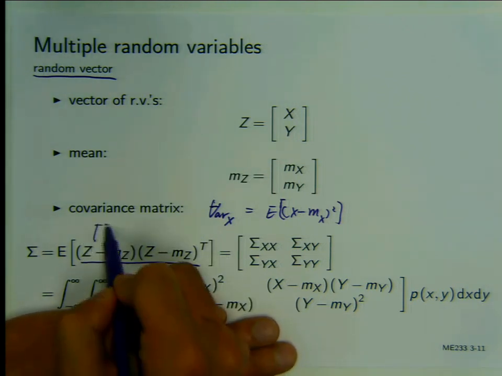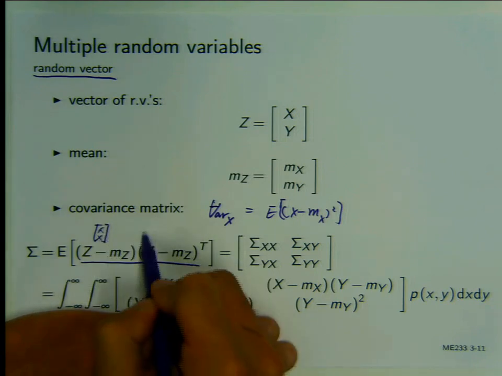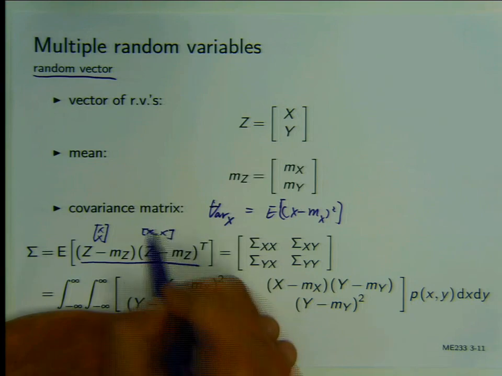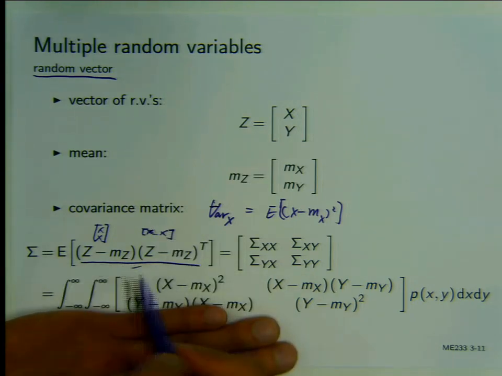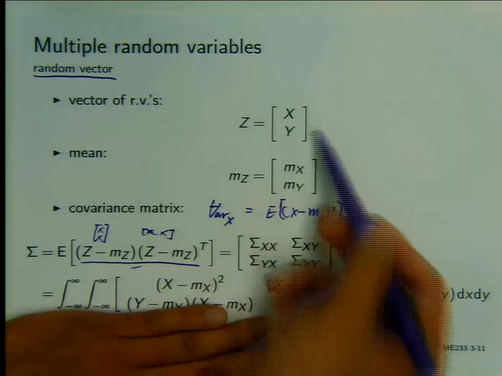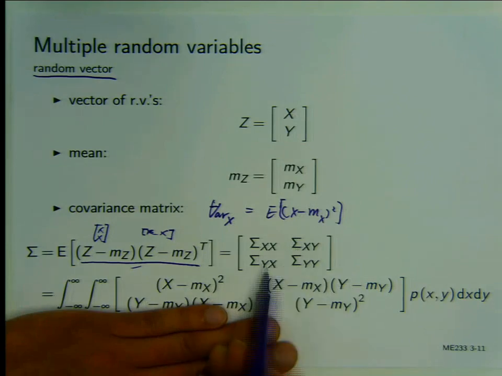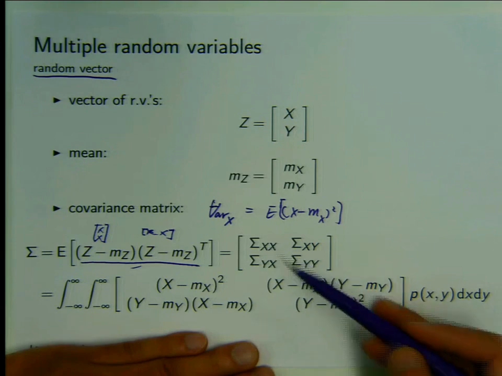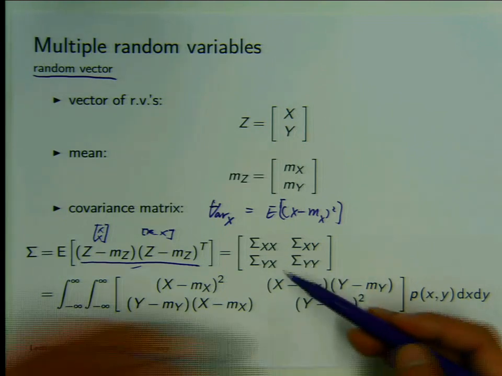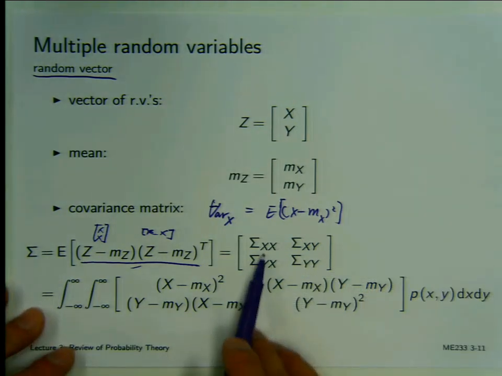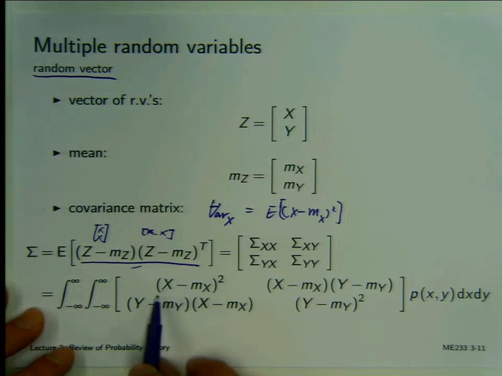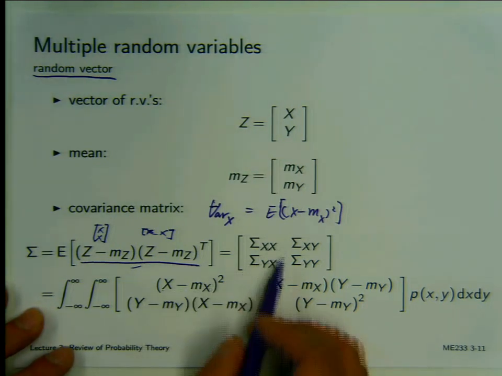This is a skinny matrix, and this one, the transpose of it, is the wide matrix. Okay? So in the end, this whole thing is going to be a matrix, in this case a 4x4 matrix. And individual terms inside this matrix are defined by, this one is the variance of x, you see here.